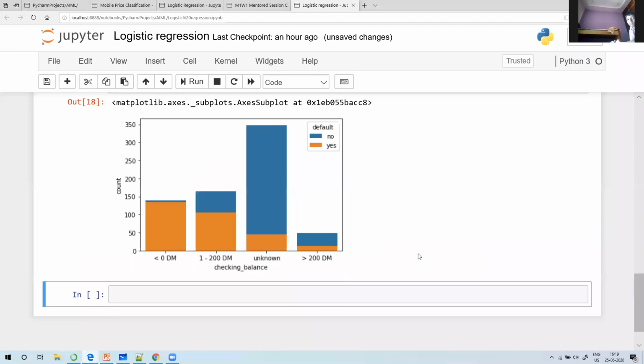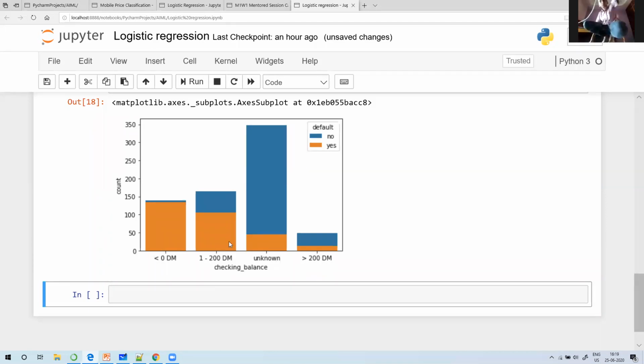Look at the ratios of defaulting in each of the groups. Less than $0 per month: a very large number of them. So the proportion of people defaulting when the checking_balance is less than $0 per month is way too high.